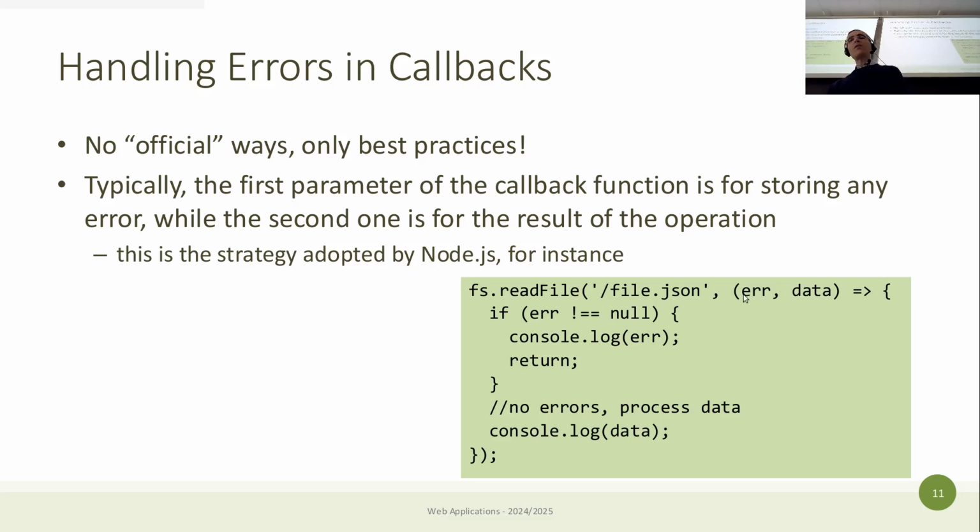And when it's finished, readFile will call your callback, and if the error contains something, so it's not null or undefined, or whatever the package says, we will handle the error, console log or whatever you want. If there's no error, you can use the data that has been read and do whatever you want. Okay? That's a possible way of handling errors, and also one of the most common ways when you have just callbacks for asynchronous operations.